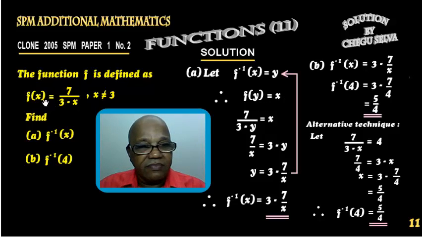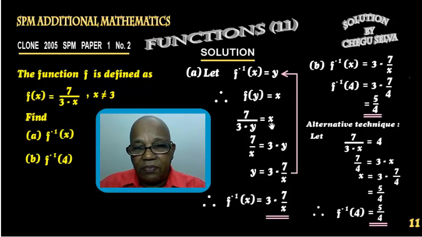And from here, f(x) equals 7 over 3 minus x. f(p) will be 7 over 3 minus p. f(q) will be 7 over 3 minus q, and so on. Therefore, f(y) is 7 over 3 minus y, which is equal to x.